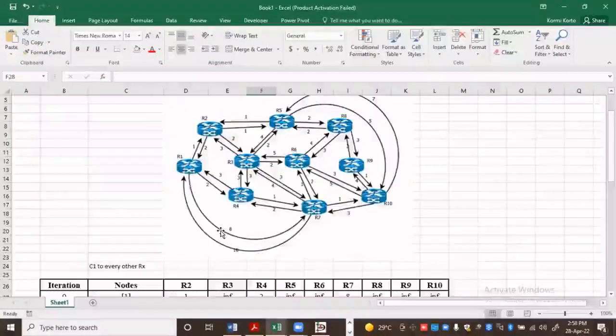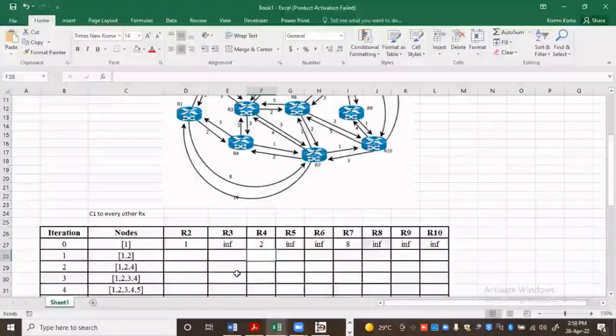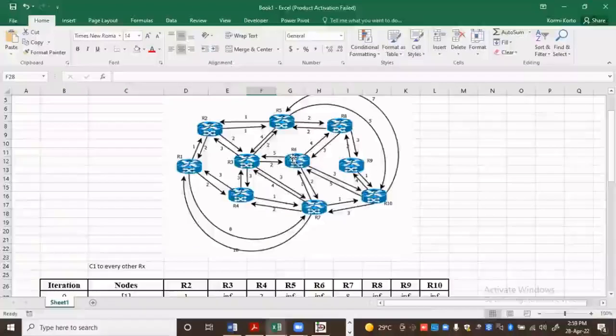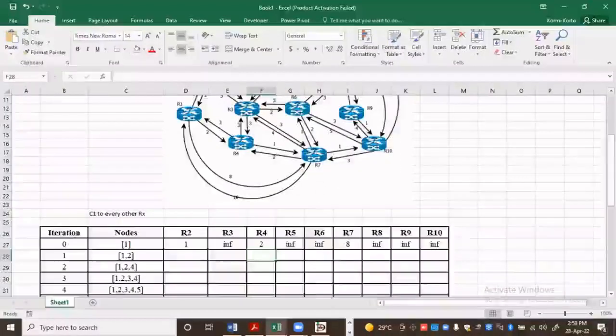Whichever device you're connected to will not be part of the tabulation, because you cannot forward packets to yourself. So if I was connected to R10, R10 would be eliminated in this tabulation. If I was connected to R6, R6 would be eliminated. It would just be 1, 2, 3, 4, 5, and then 7, 8, 9, 10. Are we getting that? Luis, I hope you're catching on. You can't forward packets to yourself, bottom line.